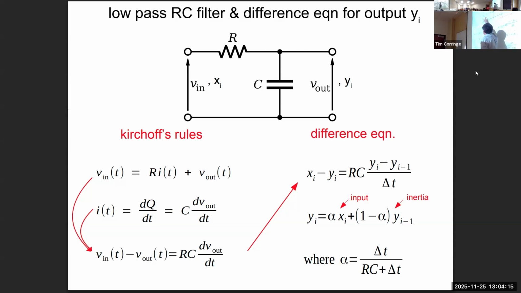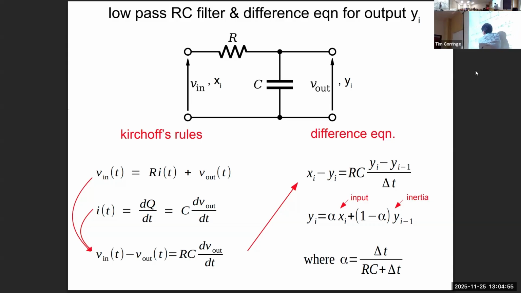When we come to turning them into a difference equation and a recursion relation for the filter, I'm going to replace Vin, the continuous variable, with Xi, which is the discretized version of the input for the ticks labeled with i. And Yi is going to be the discretized version of the output in the recursion relation for the filter, with i again labeling the particular tick, so the particular interval that is measured.